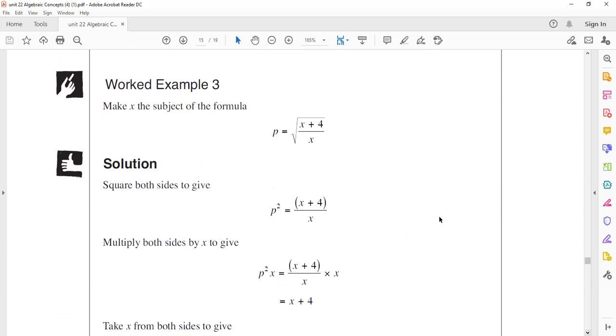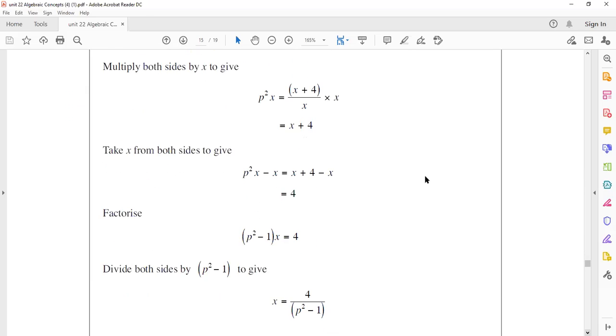Here's another example. This time the square root. We square both sides to get rid of the square root. And just as before, we try and get rid of this fraction so we can group the x terms together. Multiply both sides by x, right? And now we have, see here, multiply both sides by x, we have p squared x. And then there is x plus 4 on this side.